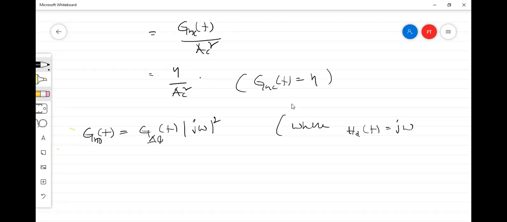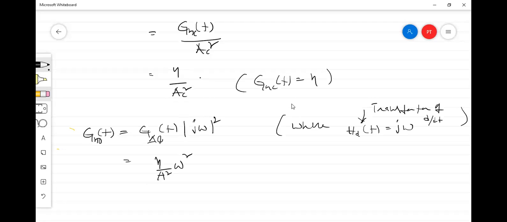So the value here is simply eta by AC square, times omega square.